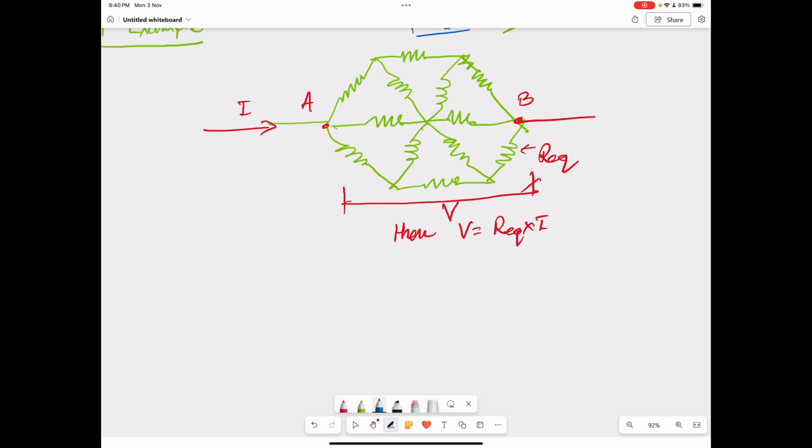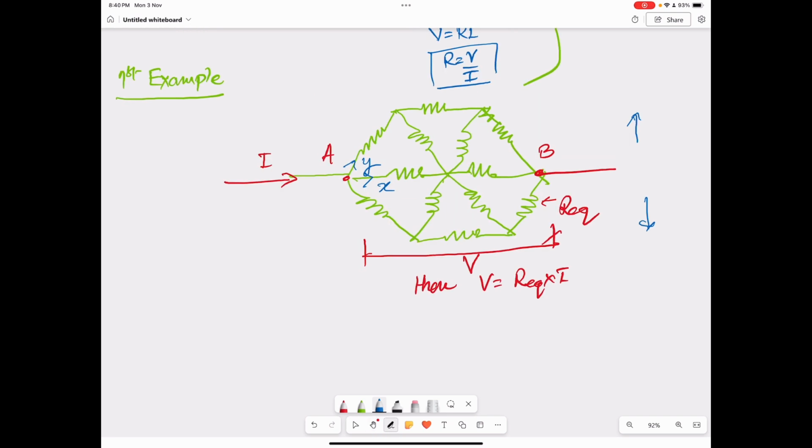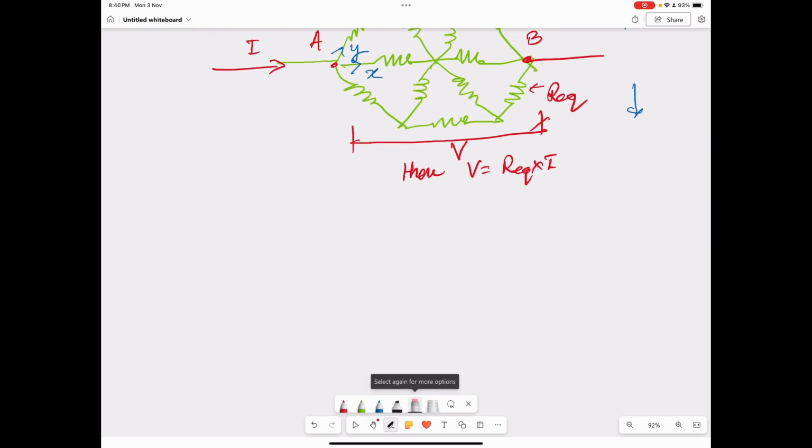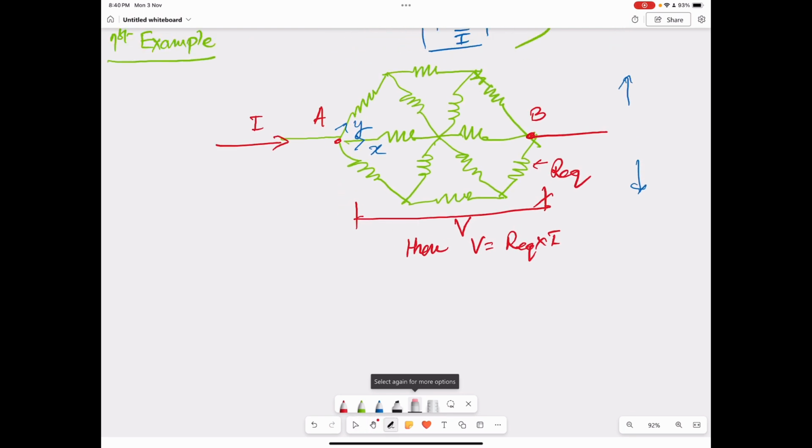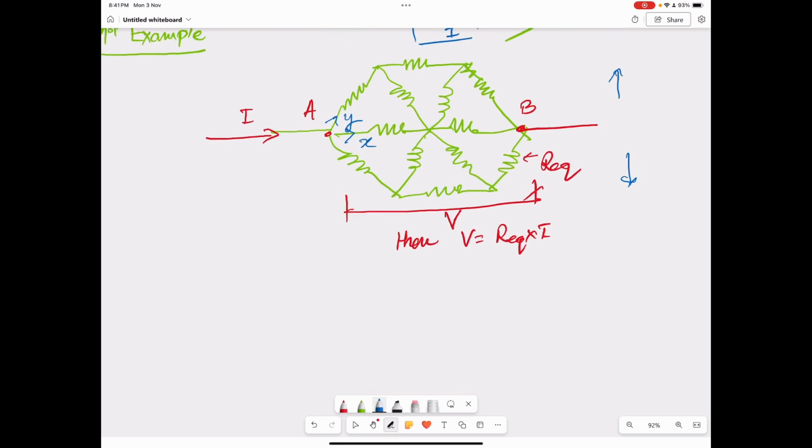Now I am dividing this current I into X current here. There is a Y current which will go through it, and since you can see there is symmetry in the Y direction, by symmetry, the Y current will also pass through this.